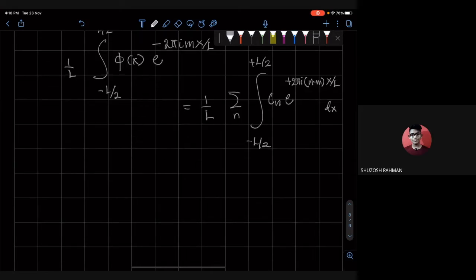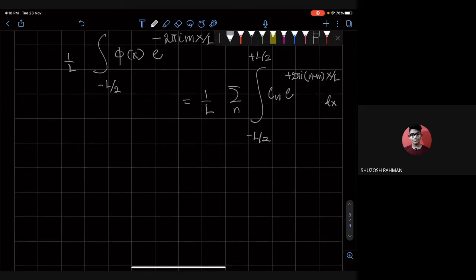Okay. Now, we are interested in evaluating this integral. So in this integral, this is an integer, right? So let's call it big N. And let N be a non-zero integer first, okay? So N is an integer, but it's non-zero.